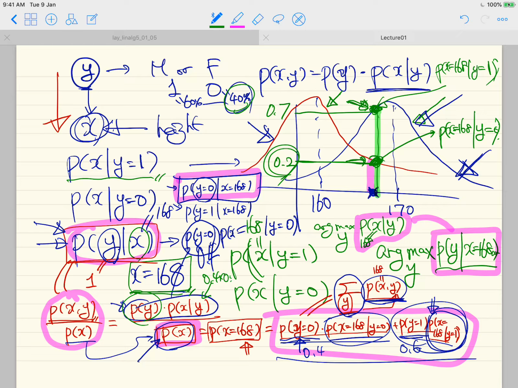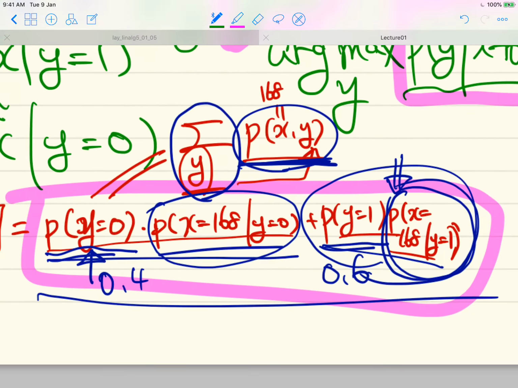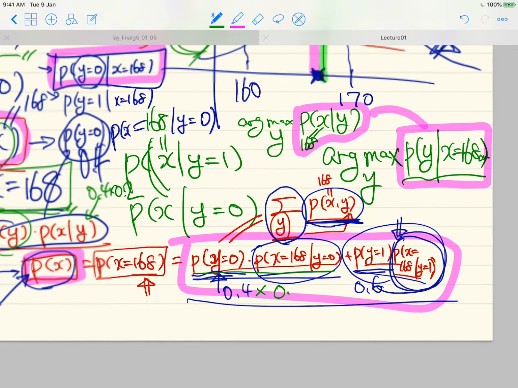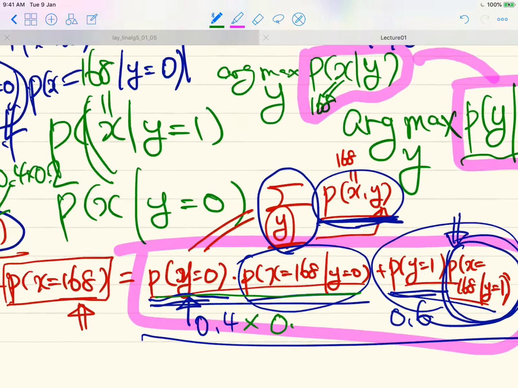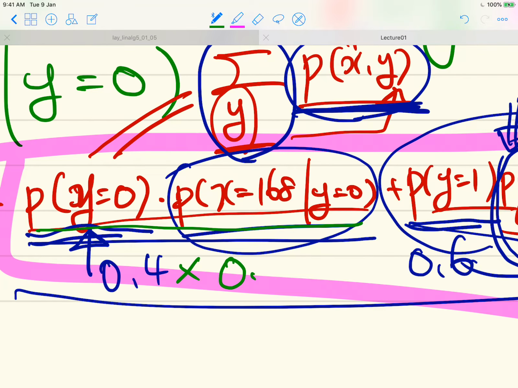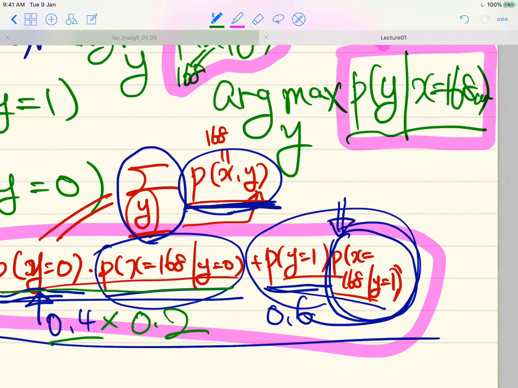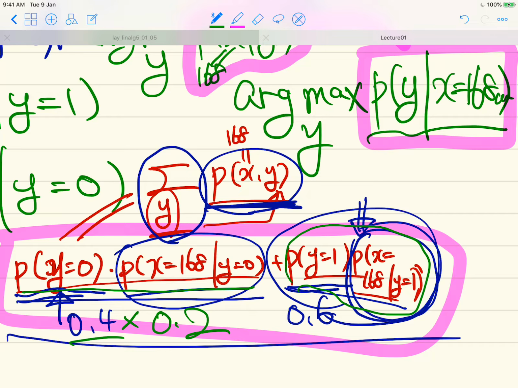And that is corresponding to the first term when we perform the marginalization, computing p of x by considering all the possible y's. So 0.4 times 0.2. And then what about the other case?